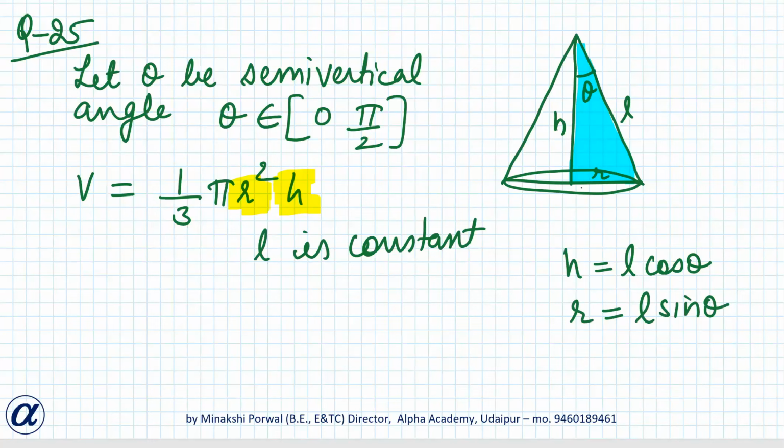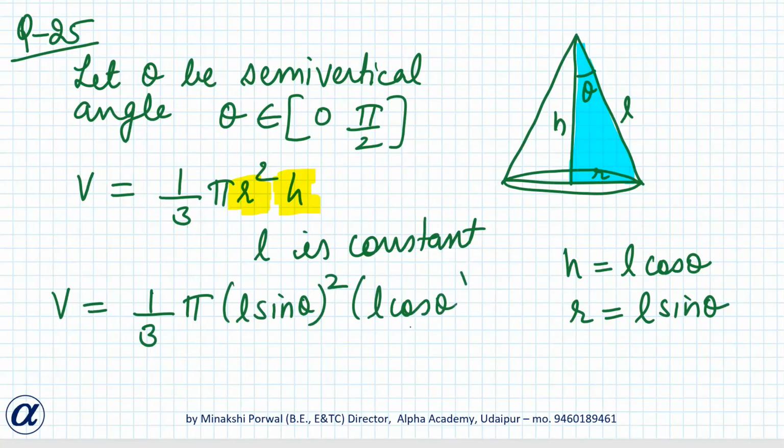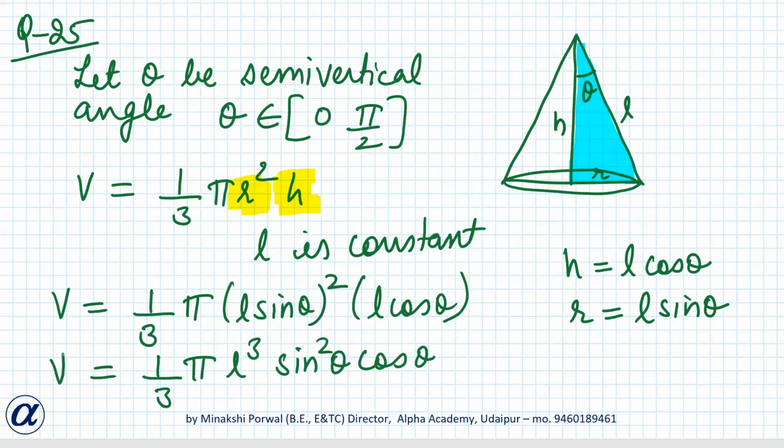R is the perpendicular, so r can be written as L sin theta. So volume can be written as 1 by 3 pi L sin theta the whole square times L cos theta. So this can be written as 1 by 3 pi L cube sin square theta cos theta. Is it clear till here?